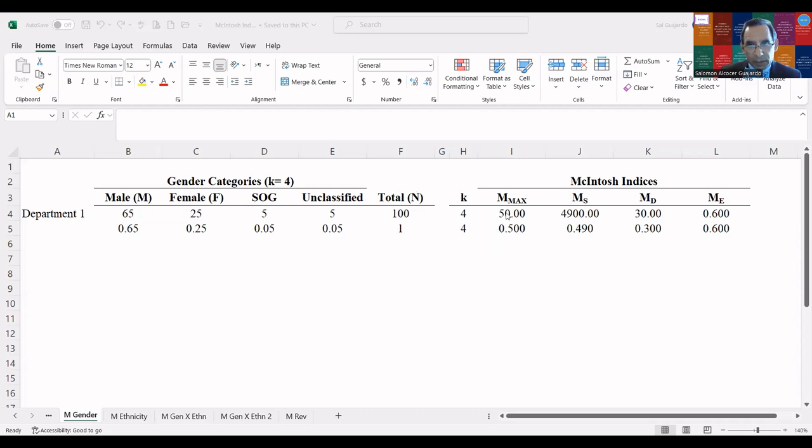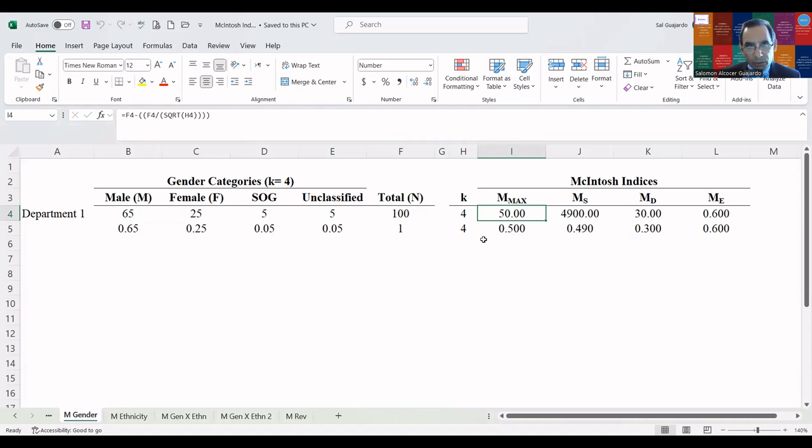Recall that I mentioned that you can calculate the maximum score for the frequencies or for the data represented in percentages. It's easier using the percentages because the numbers, when you use the frequencies, for some of the indices get extremely large, and it's just easier using the percentages.